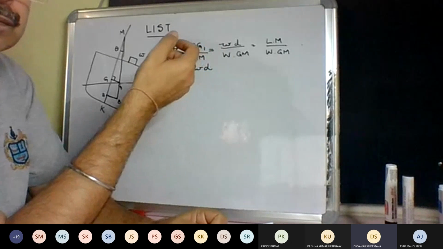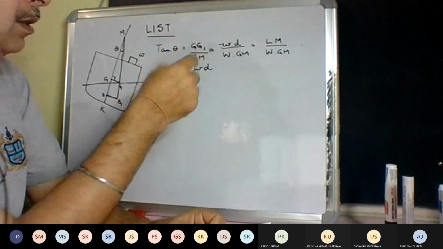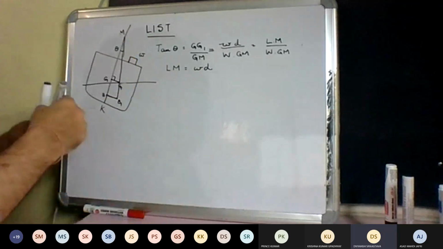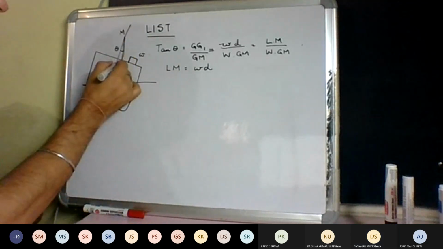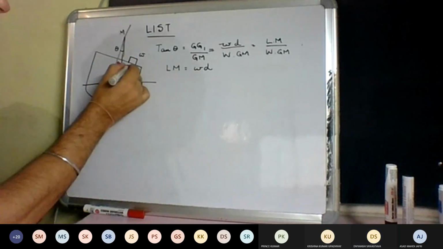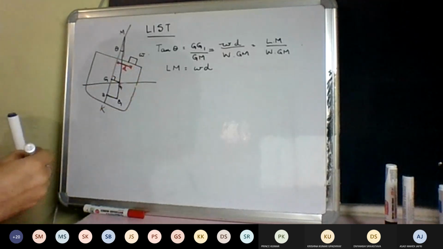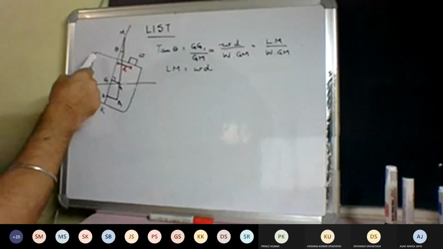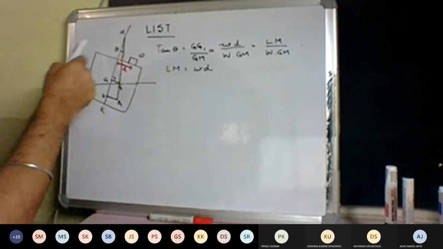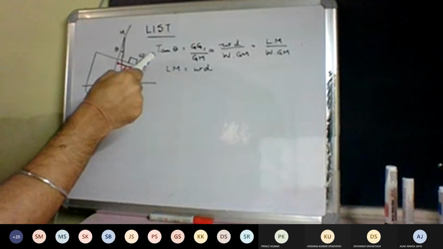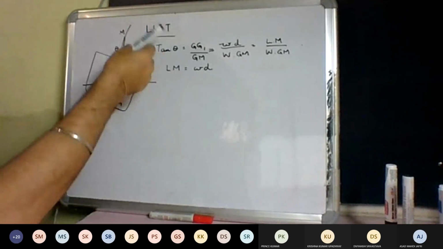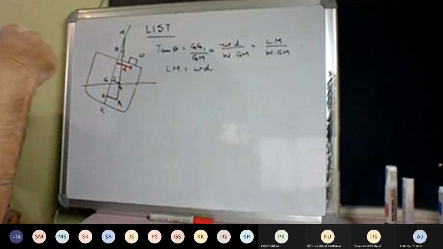So what will be this lever? D, the distance from the center line. This distance is called D, the distance from the center line, which is causing the list. अगर मैं पोर्ट से स्टारबोर्ड शिफ्ट कर रहा होता तो the athwartship distance from port to starboard. अगर मैं लोड कर रहा हूं या डिस्चार्जिंग कर रहा हूं तो it is from center line.